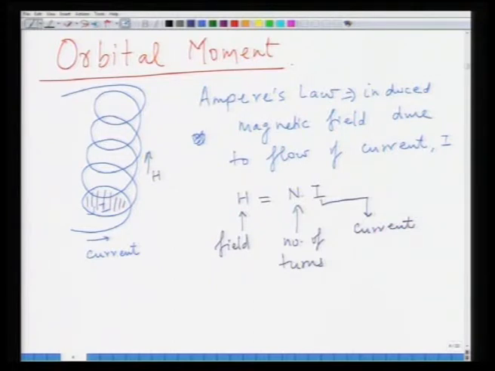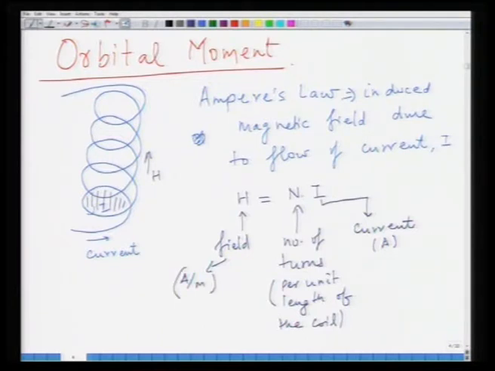N is the number of turns per unit length, otherwise you have to take the length L into account as well. I is the current in ampere, and H is the field in ampere per meter, because N is the number of turns per meter. So, this field has units of ampere per meter.